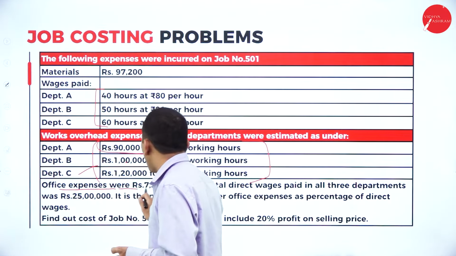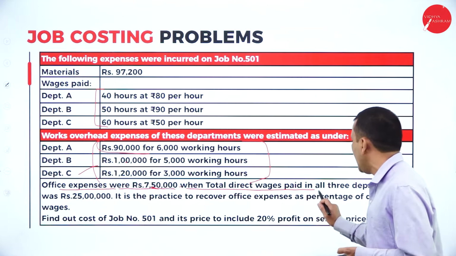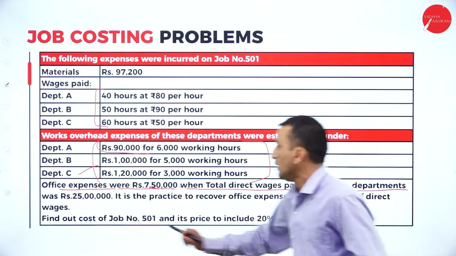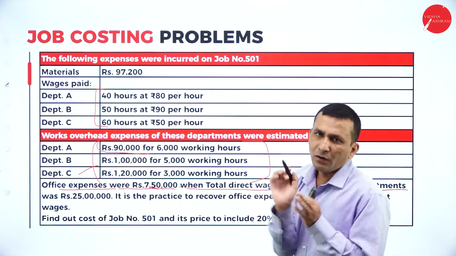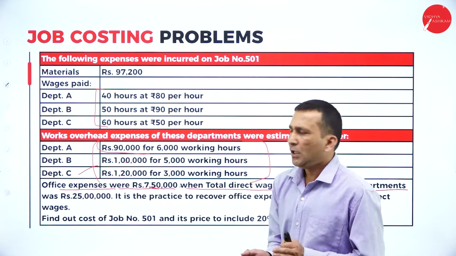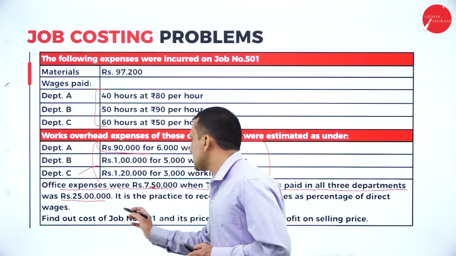Now the information is provided: office expenses were 7,50,000. Total direct wages paid in all three departments, all three departments total, not for the respective job like 501, the total wages paid here is 25 lakhs.